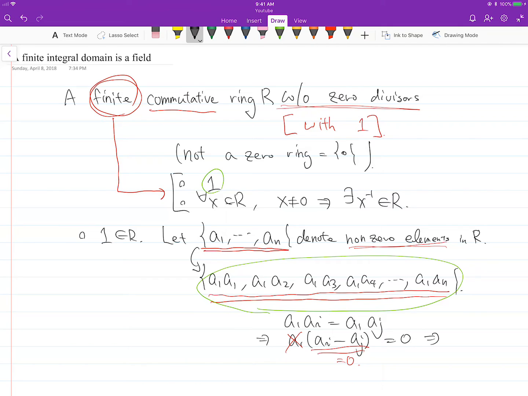So we have ai equals aj. These two multiplications are the same only if ai and aj are the same thing, which means any pair of elements in this set are different.